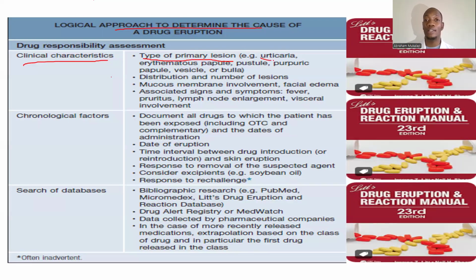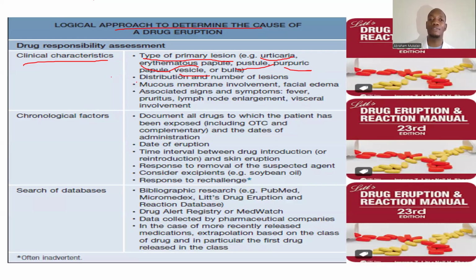For example, it can be a target lesion, so you'll be dealing with a target-type drug eruption. They can be exanthematous papules, maybe morbilliform, so that would be a morbilliform drug reaction. They can be pustules, and you start thinking about AGEP, that is acute generalized exanthematous pustulosis. And then they can be purpuric, bullous, or vesicles. So the primary lesion gives you a great deal of information about the underlying drug reaction.